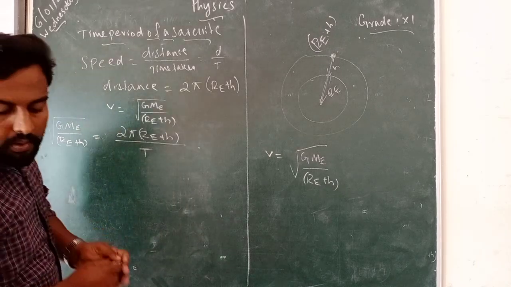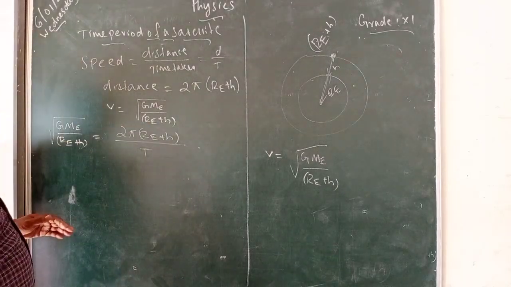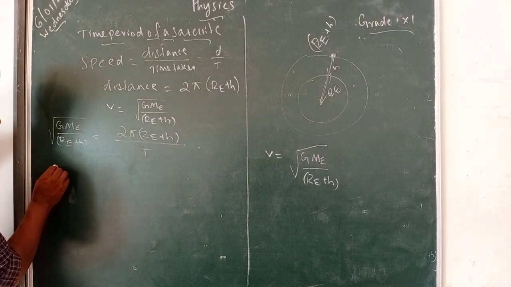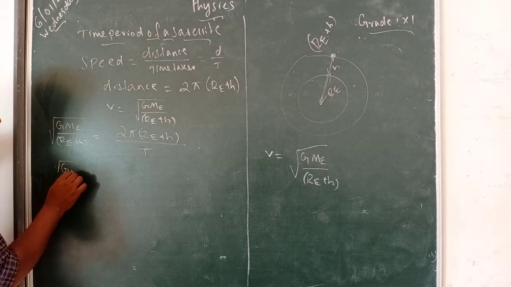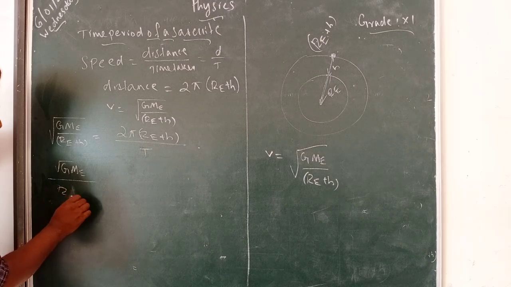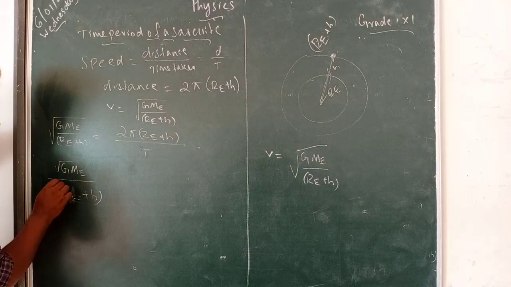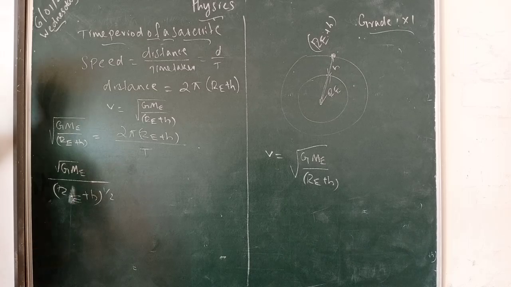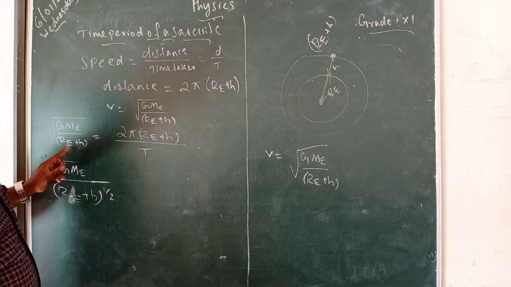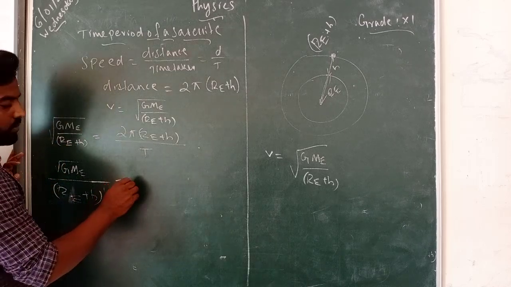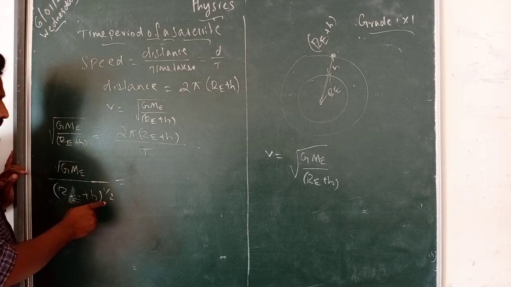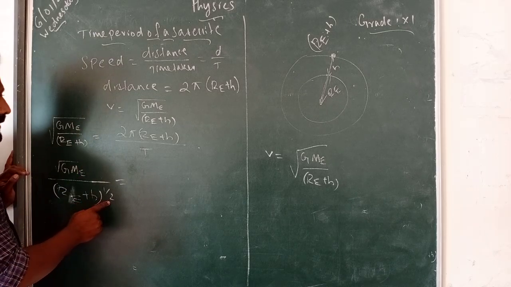Now what you have to do is change this root: write root G M E, and R E plus H we can write as power 1 by 2. When we change the root for R E plus H, we write (R E plus H) power 1 by 2.